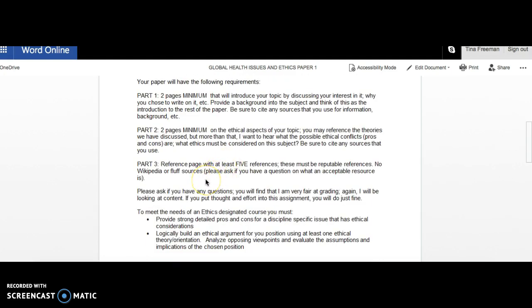And then finally, part 3 is going to be your reference page. And again, I'm not really picky on the format. I would like to see at least 5 references used, and they must be reputable references. So please don't use Wikipedia or any fluff like HuffPost or anything like that. If you have any kind of question as to what an acceptable resource is, please feel free to ask me.